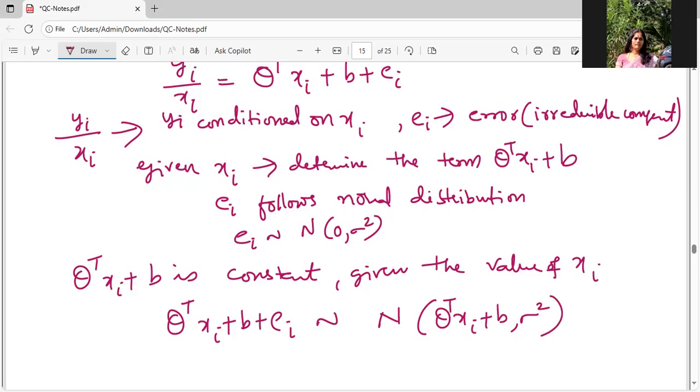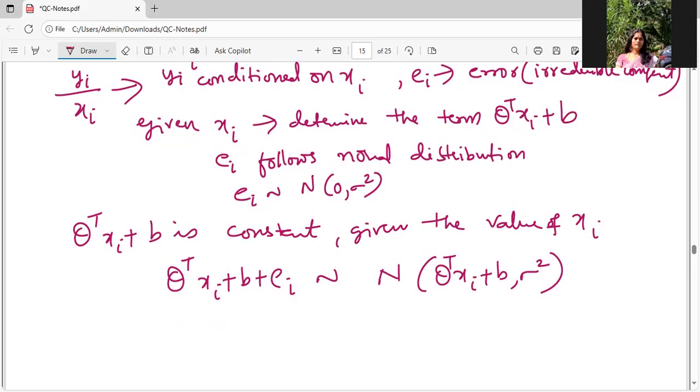The value on the LHS is nothing but yi given xi. The target label yi given by the input feature follows normal distribution with mean theta transpose xi plus b and standard deviation sigma, or variance sigma square.